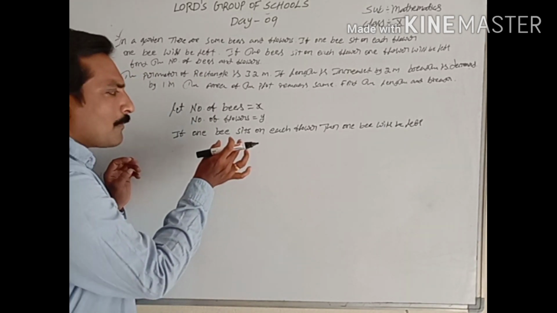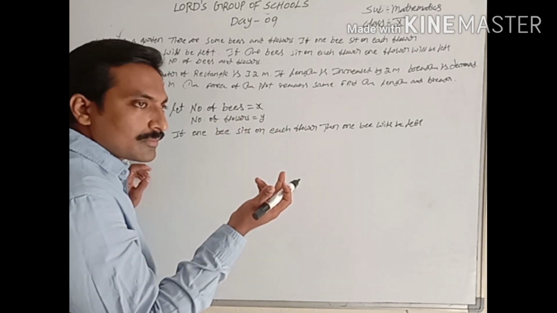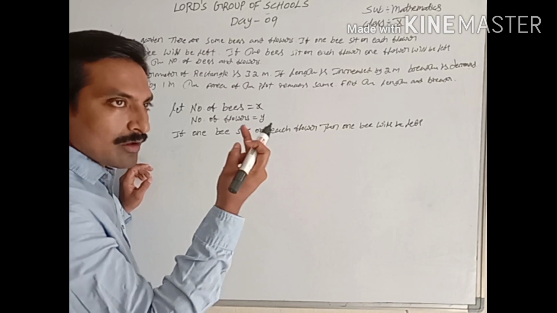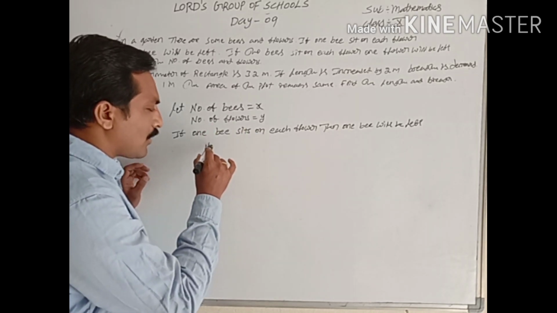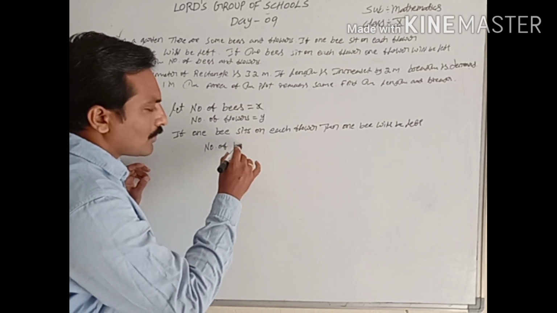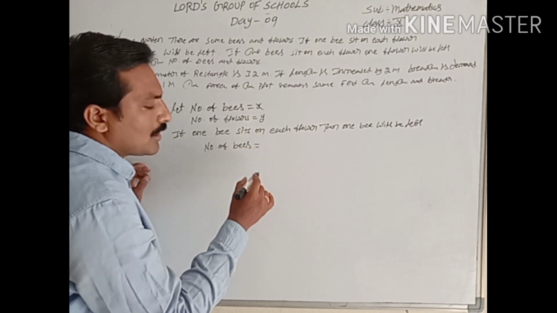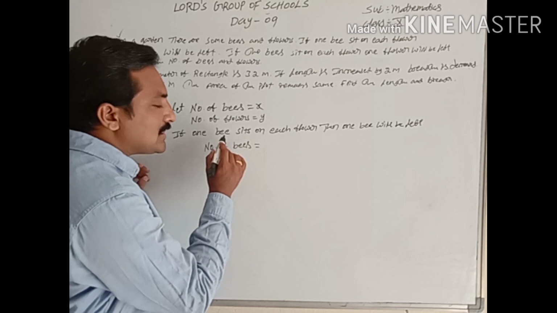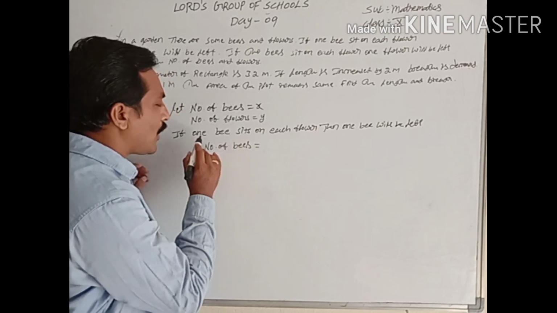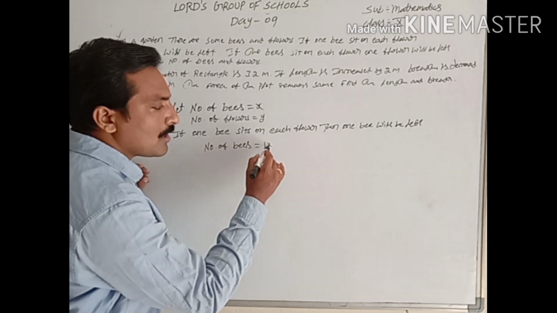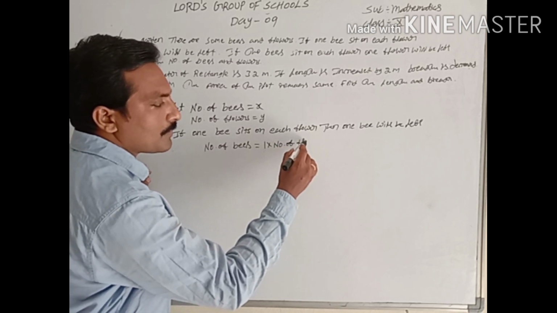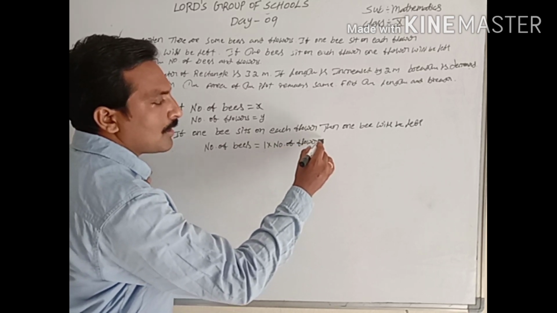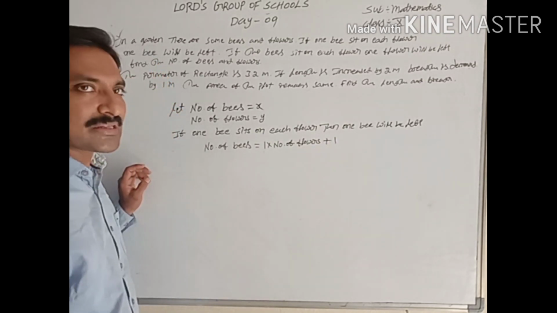Means here bees are more. That's why one bee will be left. Means the number of bees is equal to the number of flowers. In this case, on each flower one bee is sitting: 1 into number of flowers, plus one bee will be left. Plus 1 you have to take.